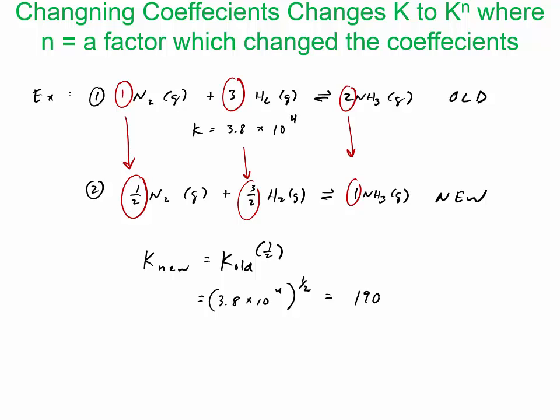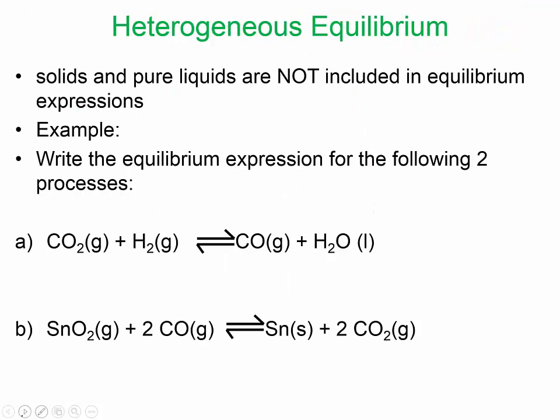There's one quick thing to mention before we convert from Kp to Kc or Kc to Kp, and that is the concept of heterogeneous equilibrium. Solids and pure liquids are not included in equilibrium expressions. I thought I'd mention this topic before we look at Kp and Kc. Remember, Kc is with concentrations, so that would be in these brackets, the equilibrium amounts, which are in molarity, moles per liter, products over reactants.